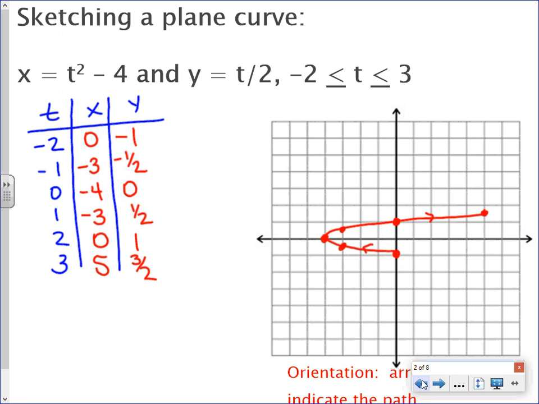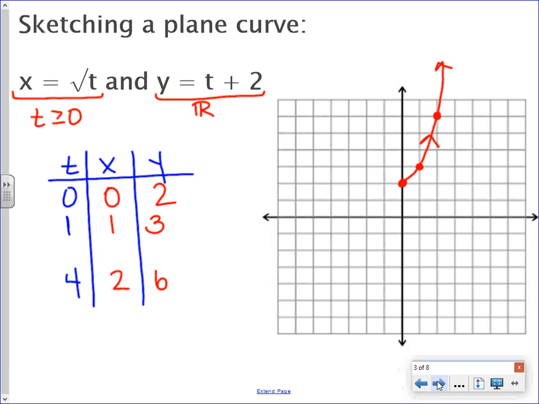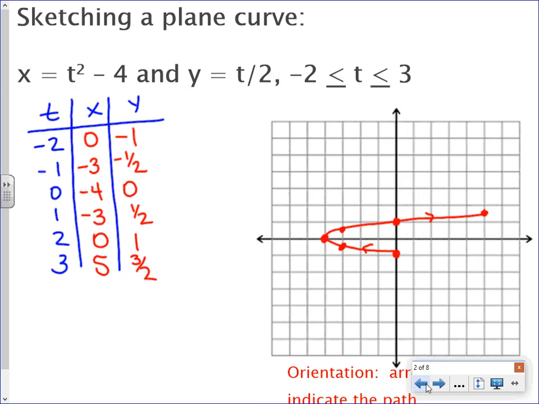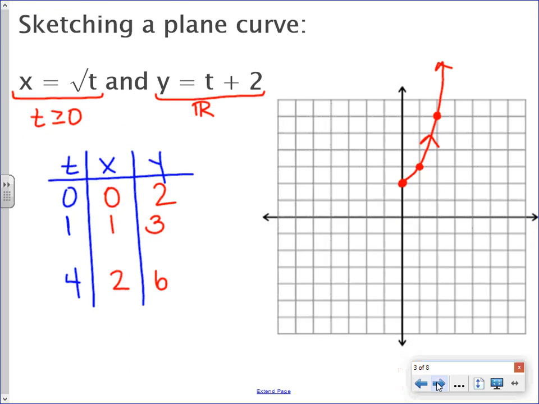Okay. I want to come back to this one because here I gave you the interval, right? That it was easier to just plug in numbers. Here this would be a time where maybe eliminating the parameter would be an easier way of graphing it. So let's go back to this one and I want to eliminate the parameter here.